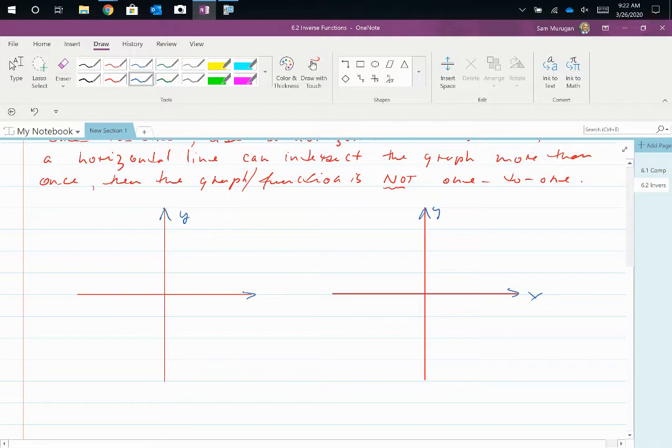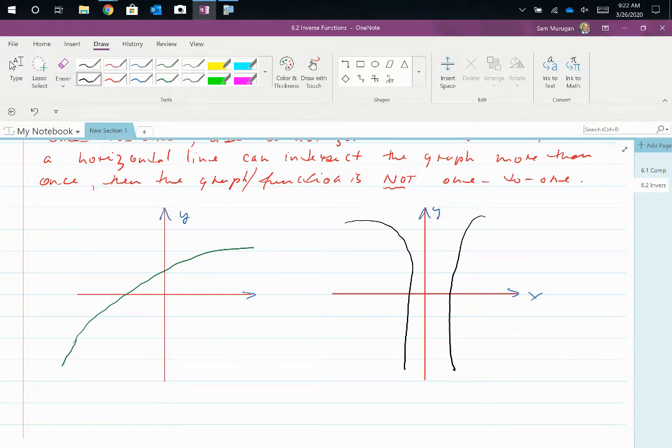And let's go ahead and take a simple graph like this first. And then here we're going to consider a graph perhaps like this. If we performed a horizontal line test anywhere on this graph, we can see that it only intersects once.